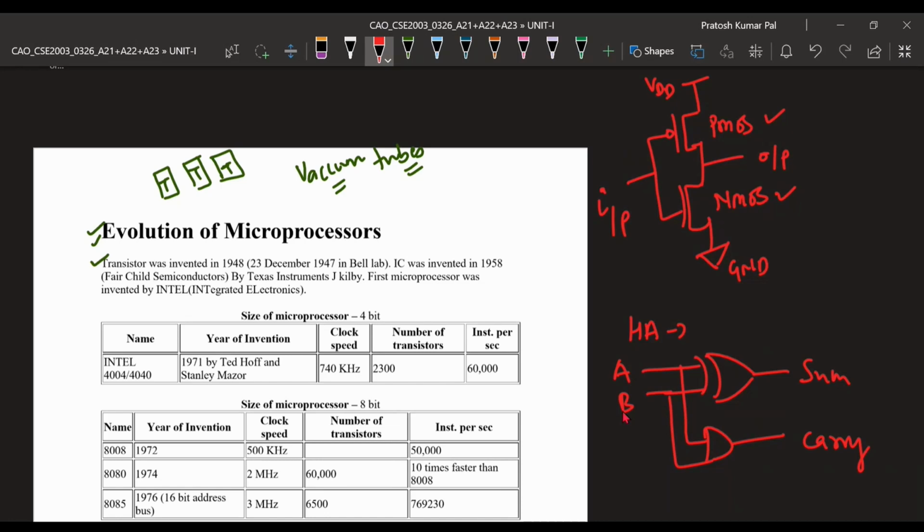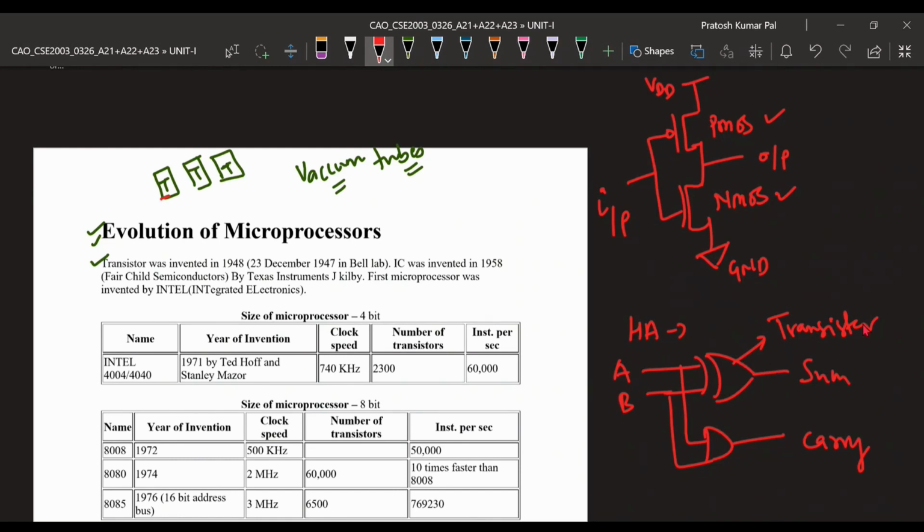This is A and B. This is a single half adder, but these gates are made up of transistors. If these transistors are individually fabricated, you can consider the complexity of this half adder.